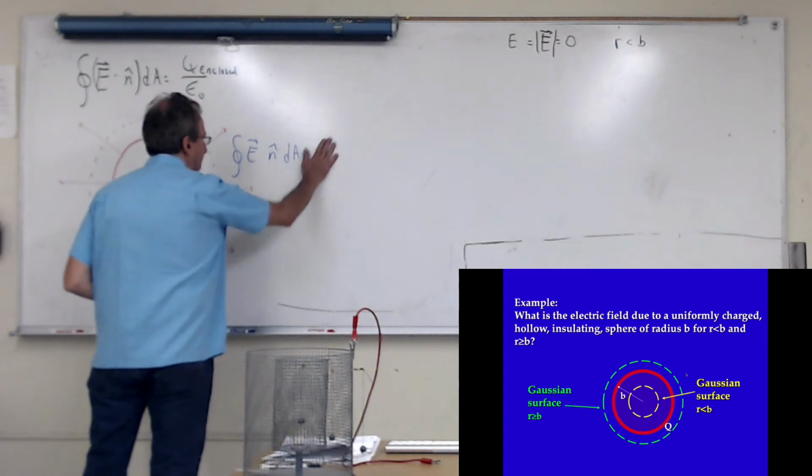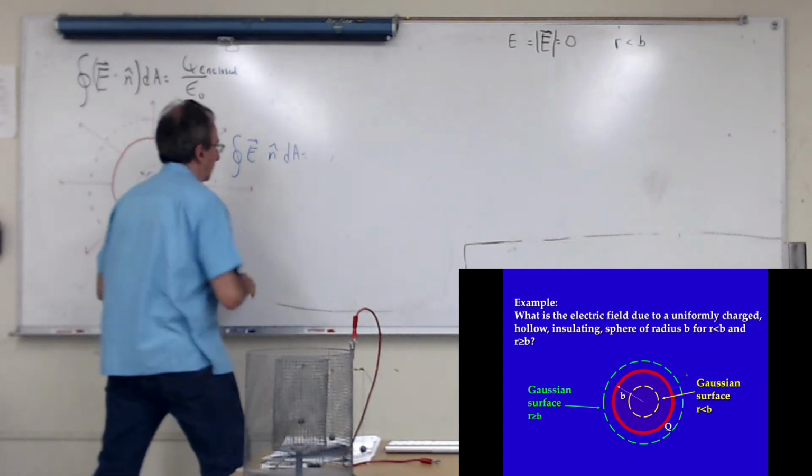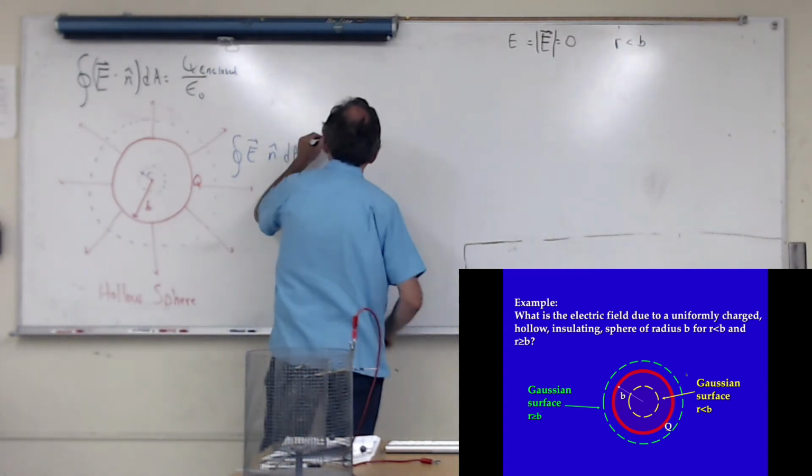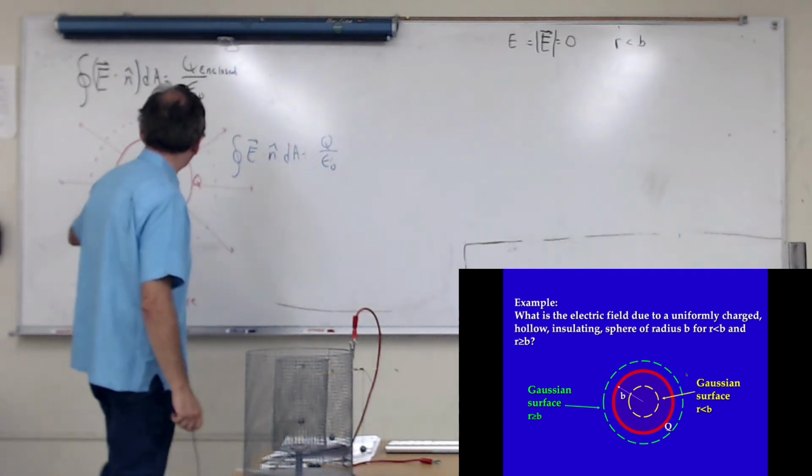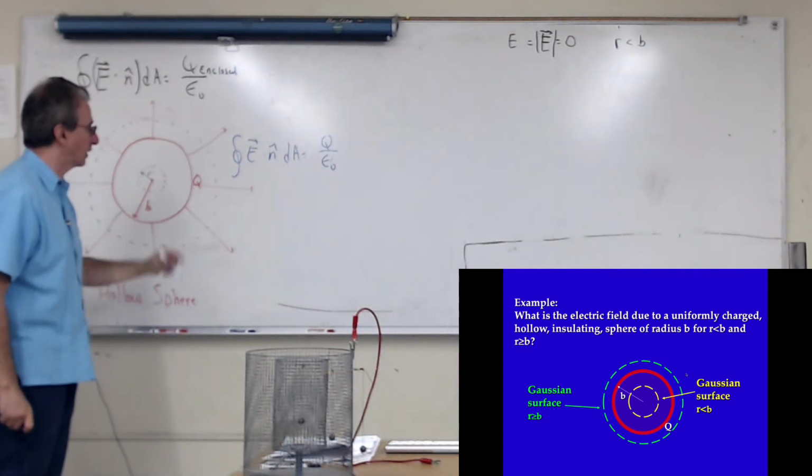And so this integral is not going to be 0. It's going to be Q over epsilon naught, because we're given the amount of charge on this sphere.